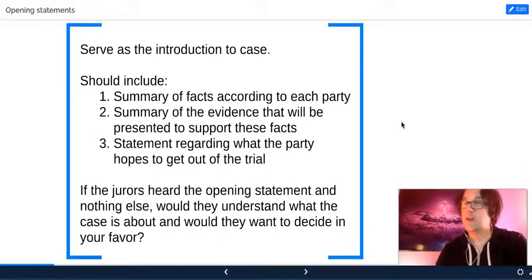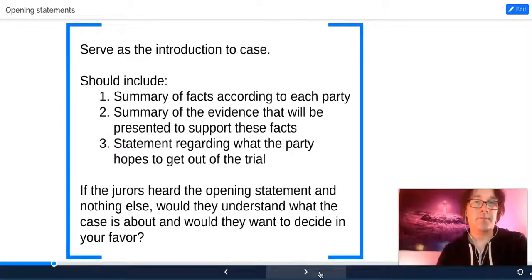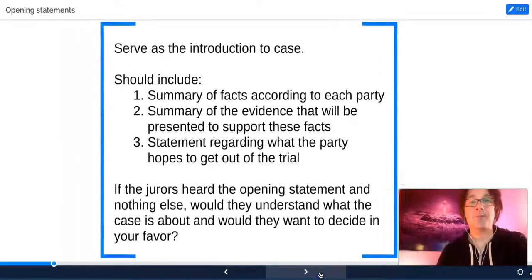So if they heard nothing but your opening statement, would they know what this case is about, and would they want to side with you, and not the other side? So keep those two questions in mind when formulating an opening statement.